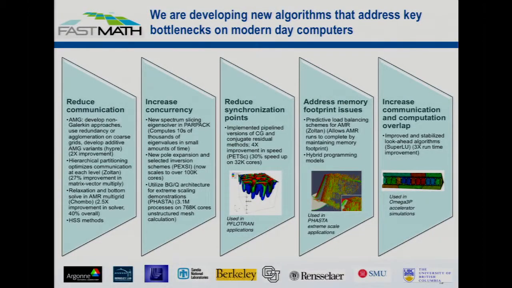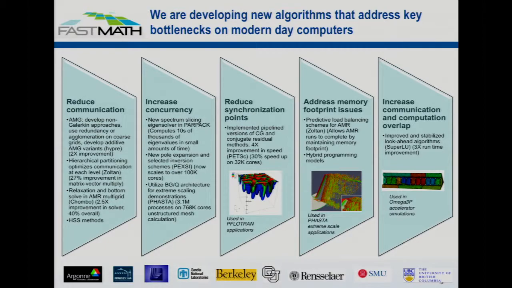When you do hierarchical partitioning, I already mentioned that you can optimize communication at each level in the hierarchy, both inter and intra node, and achieve an overall speedup of about 30% on matrix vector multiplies just by taking that into account. Increasing concurrency, there are a number of different things that we're looking at.